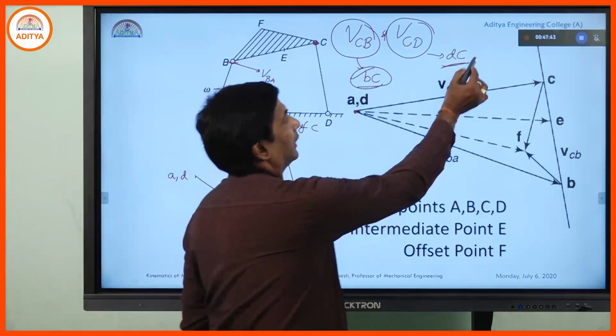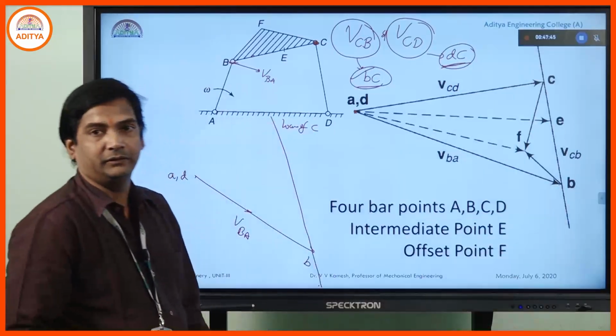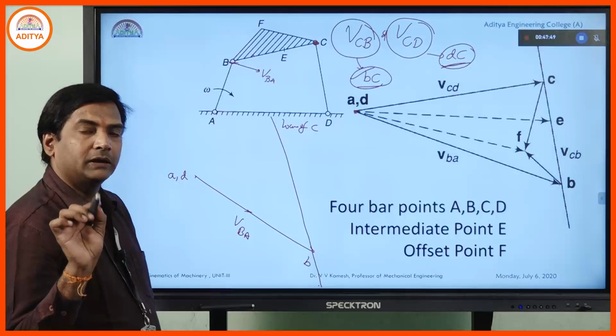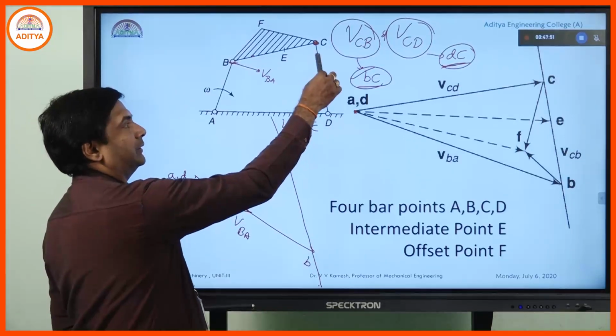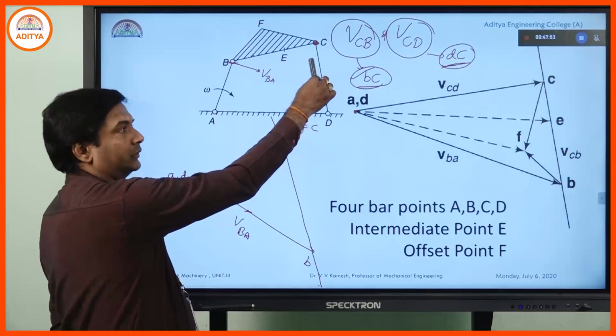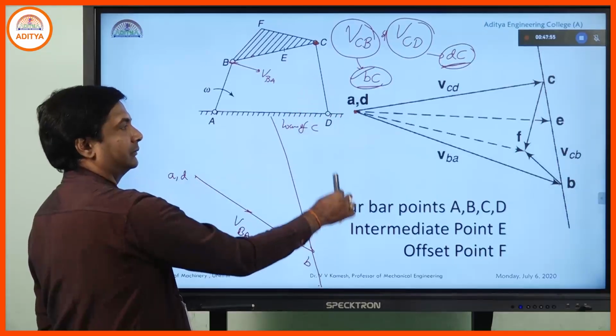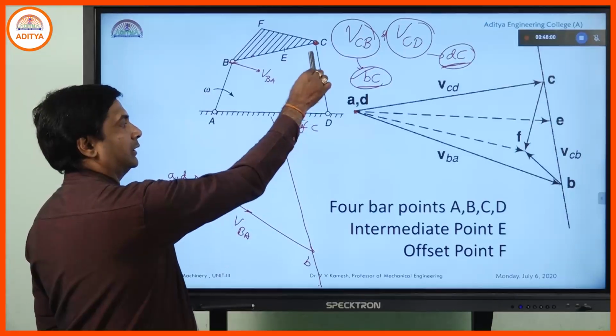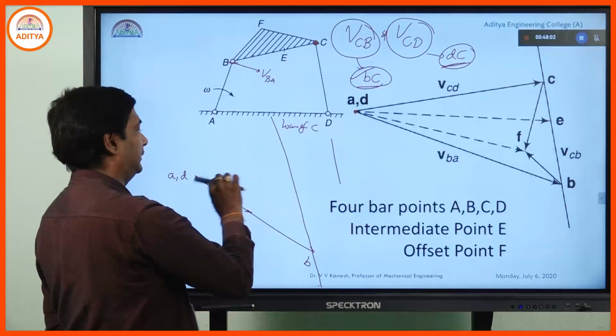Now, I want to get DC. The DC line will always be perpendicular to the link CD. So, where is CD? This is CD. So, perpendicular to this, I need to draw another line perpendicular to the link CD.